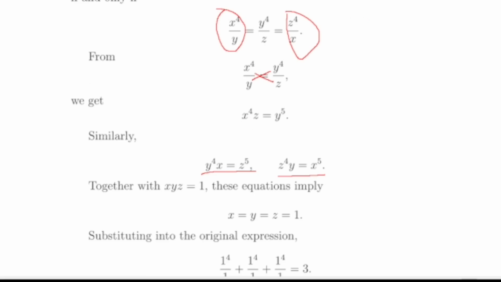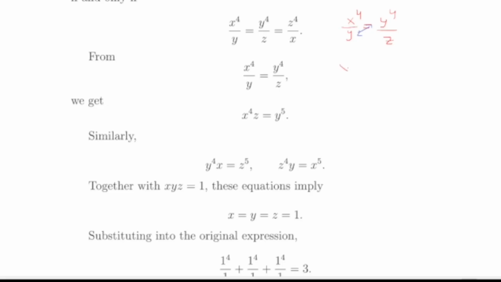Let's look at these fractions. Let's focus on the first equality. We're going to swap these. Basically, we multiply both sides by y and divide by y to the fourth.